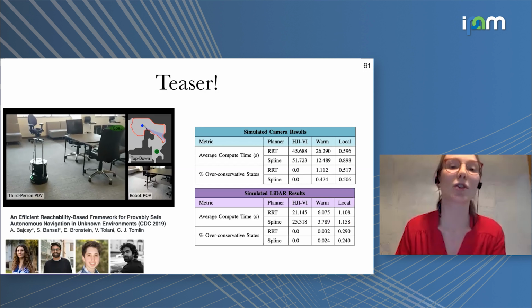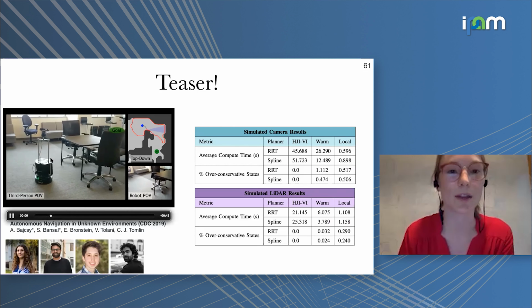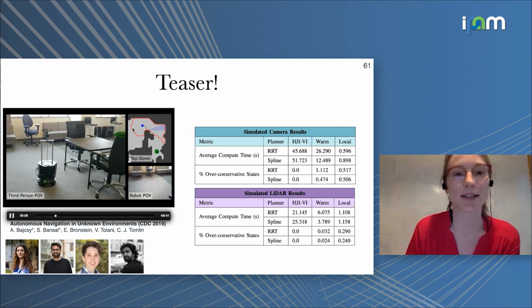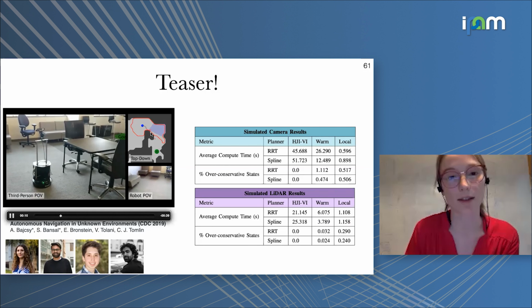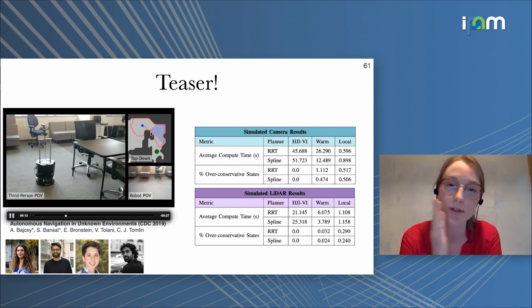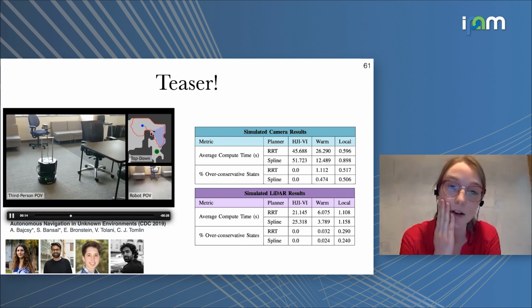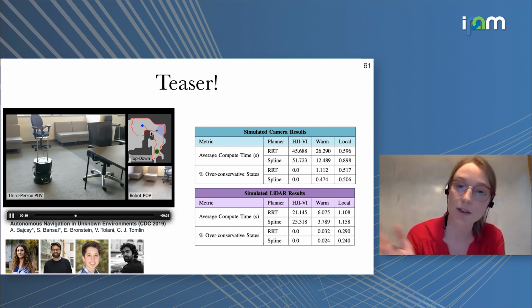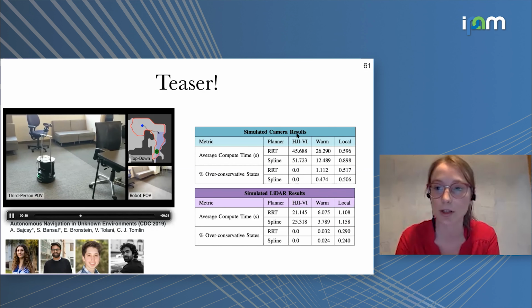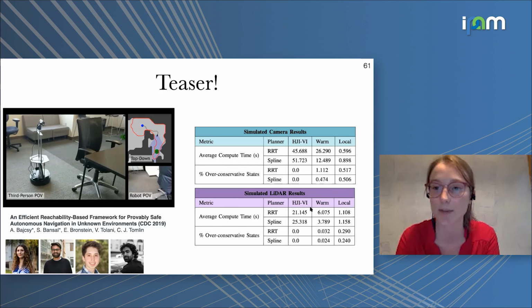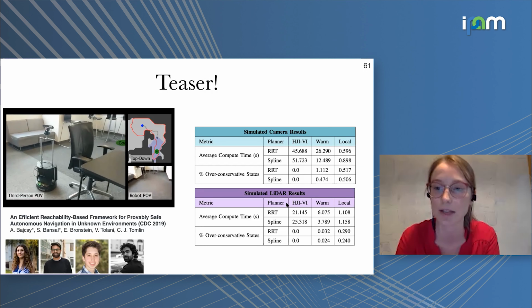But as a bit of a teaser, I want to show you here an experiment that they did where they have this turtle bot that's exploring through a room, and they're updating the safe set that's shown in red. Now, as they learn more about the obstacles in the system, they need to update the safe set over time. If they use standard Hamilton-Jacobi Reachability Analysis, you see the timestamps on the right showing how long it will take.